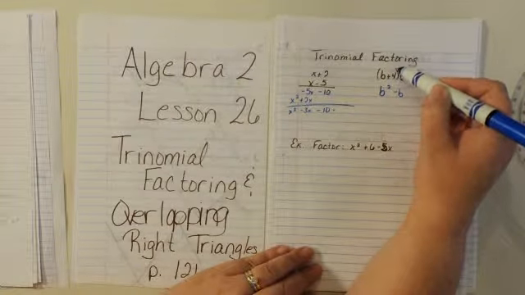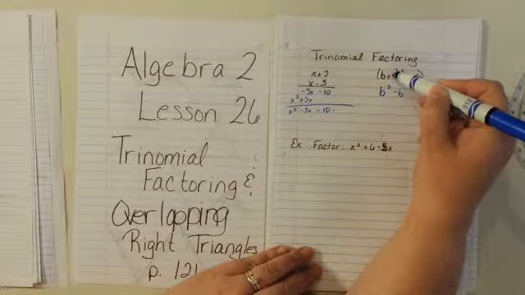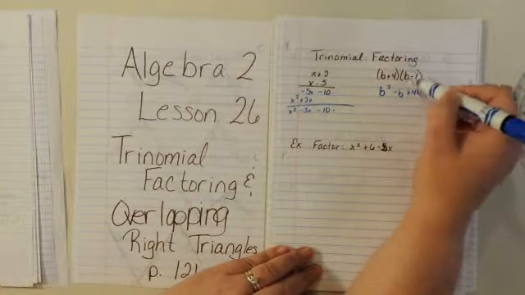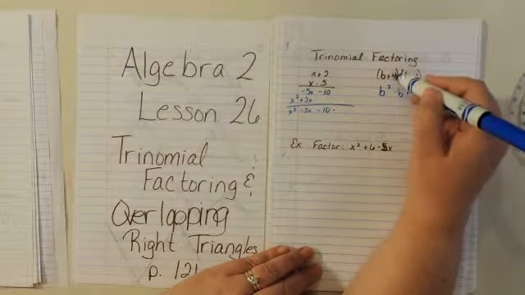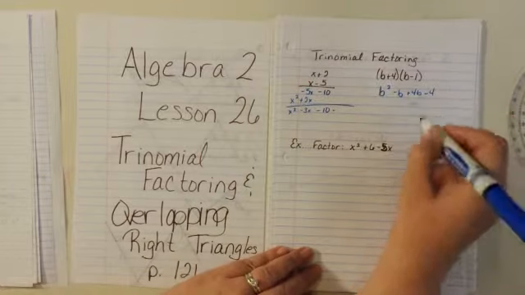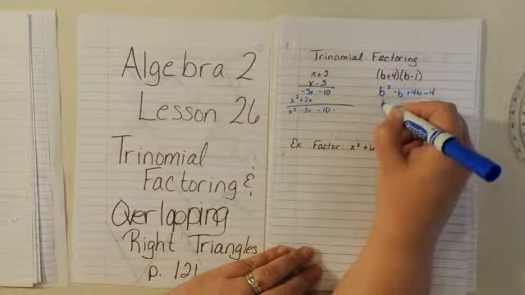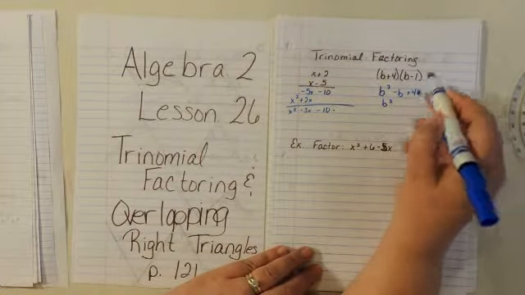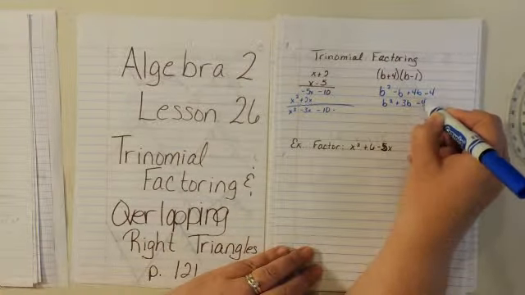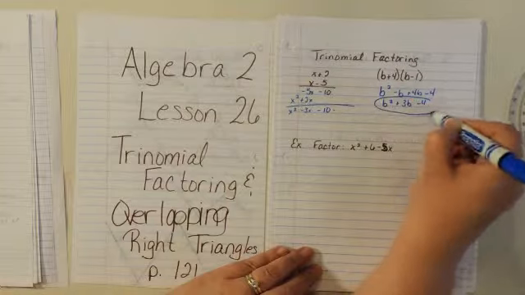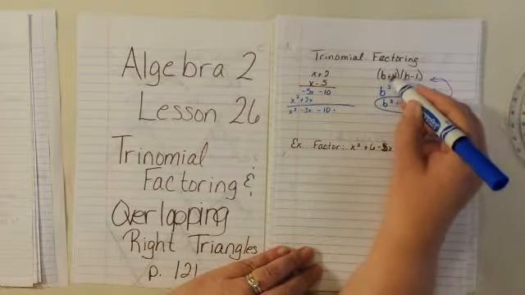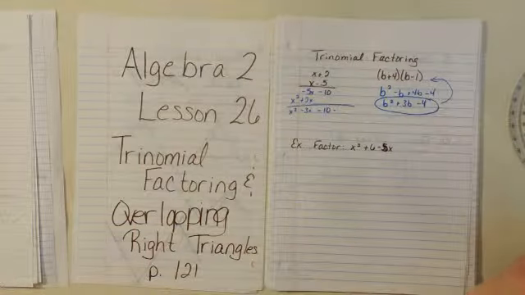I is for inside, so 4 times B. And the L stands for last, so 4 times negative 1 is negative 4. And we put all this together and we get B squared plus 3B minus 4. So here is this trinomial, and its factors are b plus 4 and b minus 1.